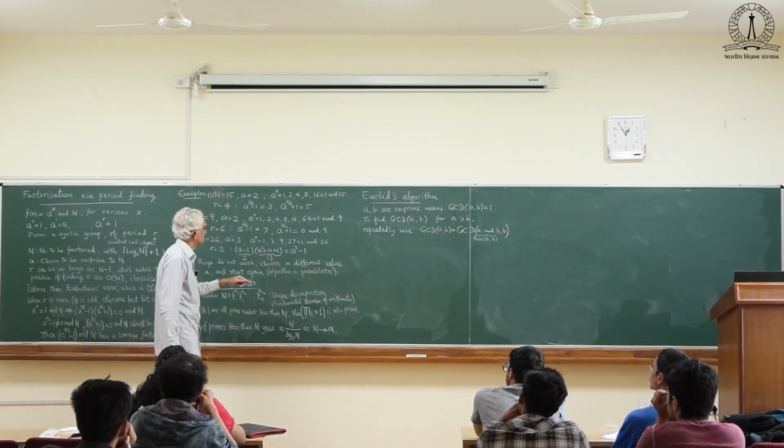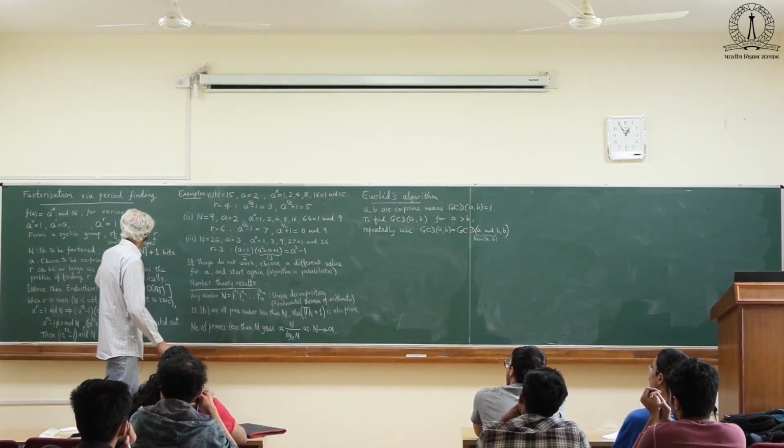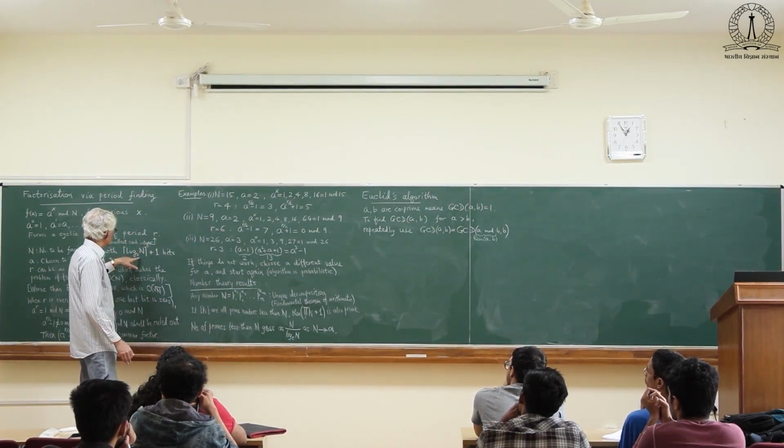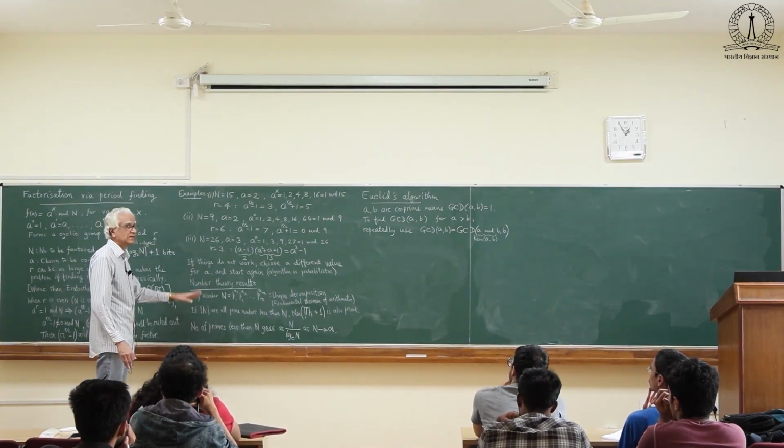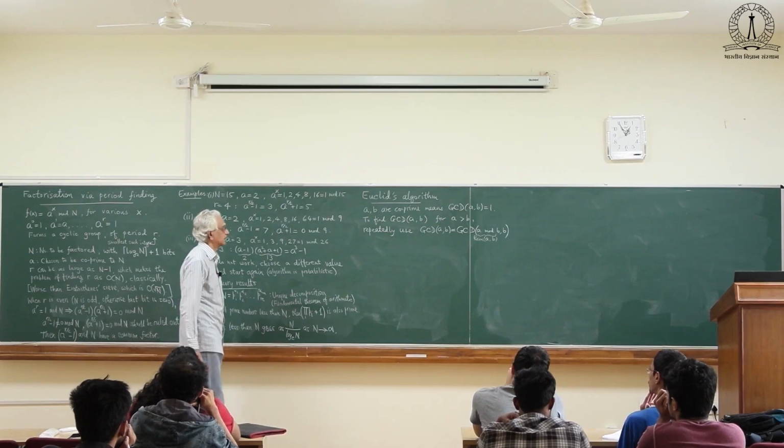So the repeated subtraction which you use in division cannot be large, even though the number may be large. How many steps are required?